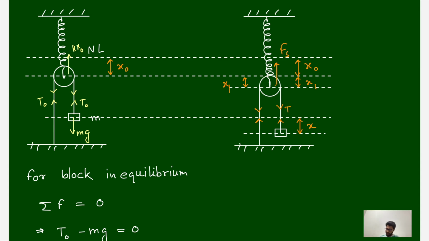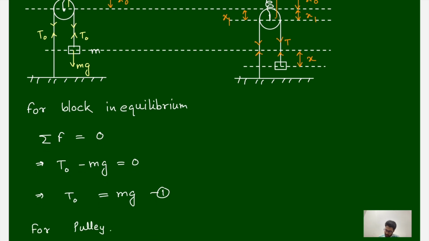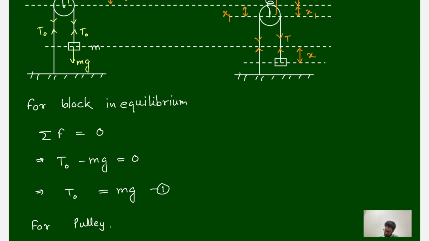In this situation the net force will not be 0 for the block, but the pulley will always be in equilibrium because it is massless. Though it is accelerating, it will be in equilibrium, since net force equals mass into acceleration, and if mass is 0, whatever the acceleration may be, it will be in equilibrium. Let's see. First of all, we'll discuss the block.